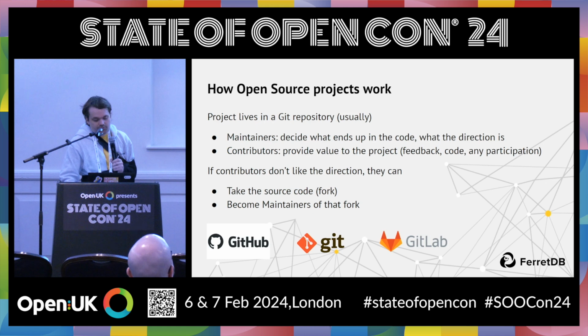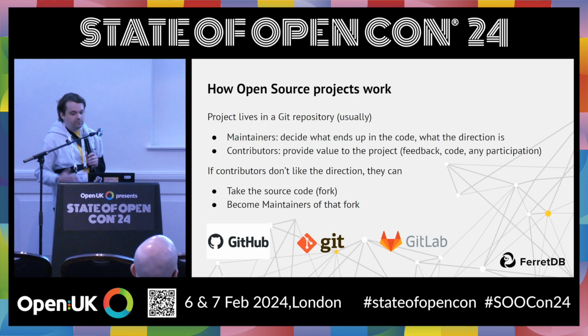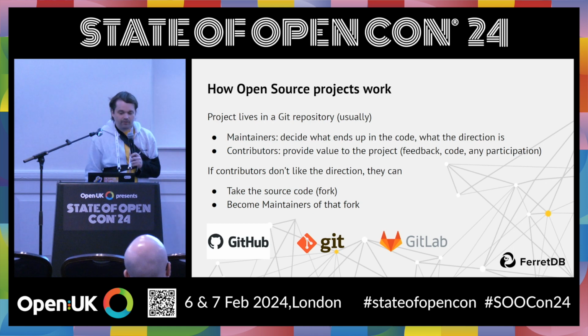And if the contributors or the users are not happy with what you're doing as the maintainer or owner of the open source project, then they can just take the source code to a different repository or fork it, as the official terminology goes, and they become the maintainers of the new code base. So this is entirely dependent on the original authors of the code, whether they allow you to interact with it or whether your suggestions will make it to the repository or the code base or not.